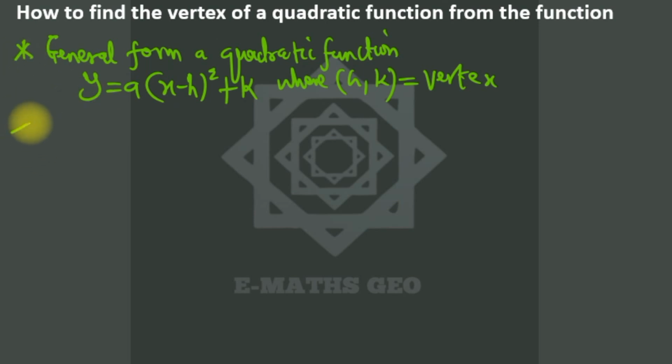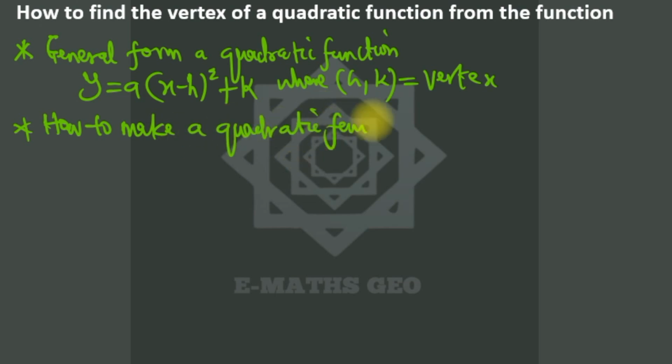Secondly, how to make a quadratic function a perfect square. Because if you look at the general equation, here is a perfect square.